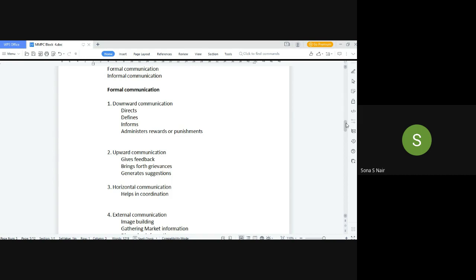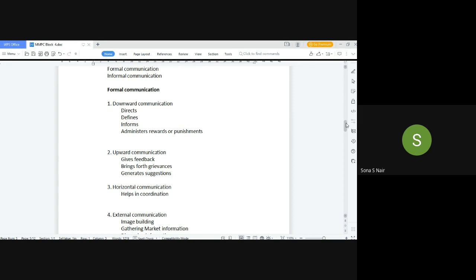It is meant to inform people about a lot of developments, about rules and regulations, about expectations, any kind of information. And it is also meant to administer rewards or punishments. Okay, so one communication is flowing from top to the bottom, which is downward communication.